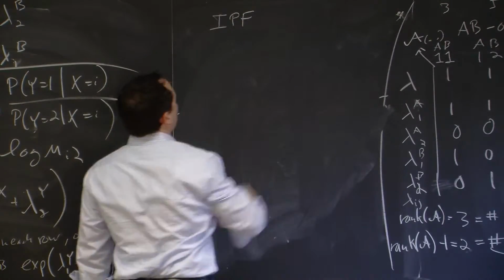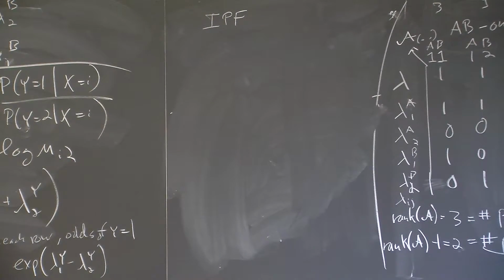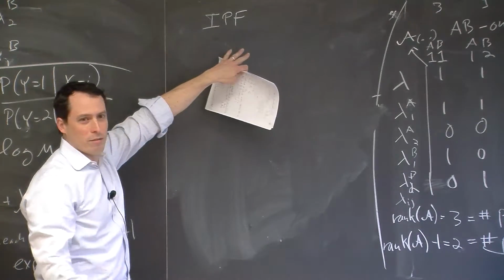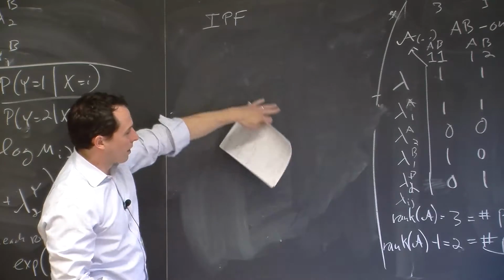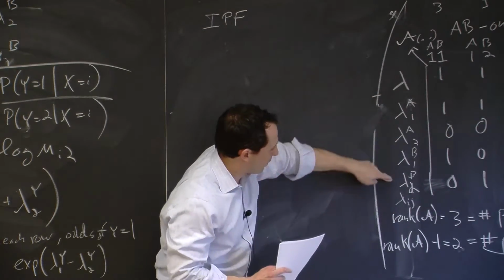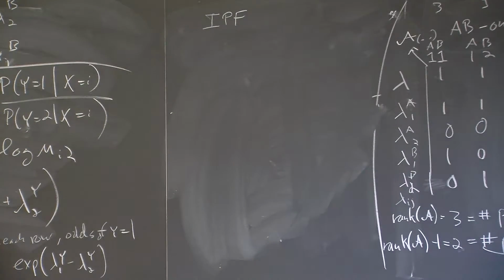There's an algorithm called iterative proportional fitting, which was one of the first algorithms for solving this kind of model, due to Fienberg. Of course, it's now 30 or 40 years old, and there have been many revisions since then. But this algorithm is the one that will feel natural to you, because what it does is move along the toric variety by iterating on these parameters, increasing or decreasing them according to how close the match was.